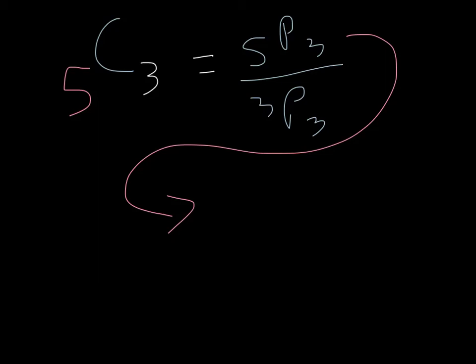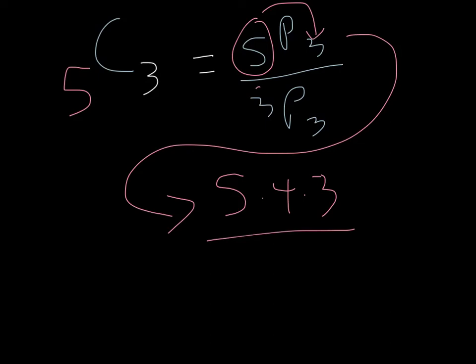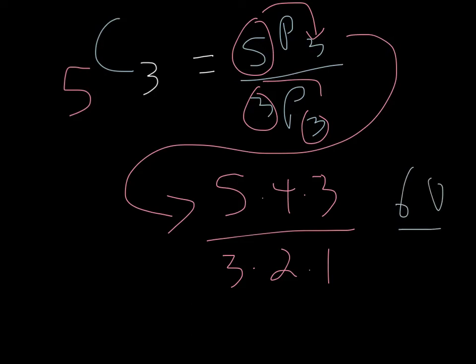There's 5 sandwich fillings, so I start with 5, and I'm doing a total of 3. So 5 times 4 times 3. Remember, this is my starting number, and this is the number of places I move to the right with multiplying. I would divide it by, in the bottom row, 3P3: I start with 3, and I'm still going 3 spaces, times 2 times 1. If you multiply that out, on the numerator you get 5 times 4 is 20 times 3 is 60, and in the denominator, 3 times 2 is 6 times 1 is 6. So if I simplify 60 over 6, I get 10. So there's 10 combinations because the order does not matter.